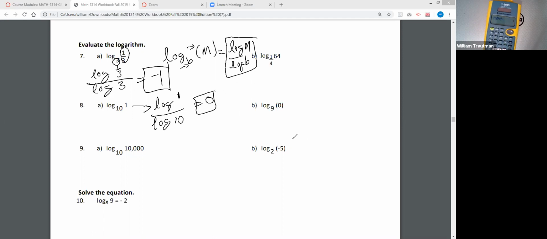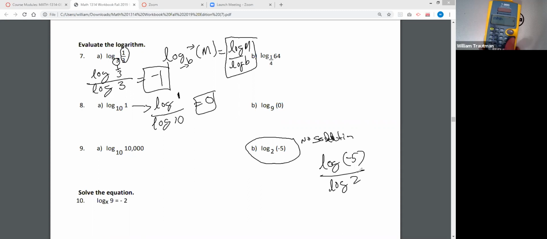All right, let's try one that said error, that was not possible. There's no solution. We said no solution for this. So the log of the top number divided by the log of the bottom number on my calculator, fraction.